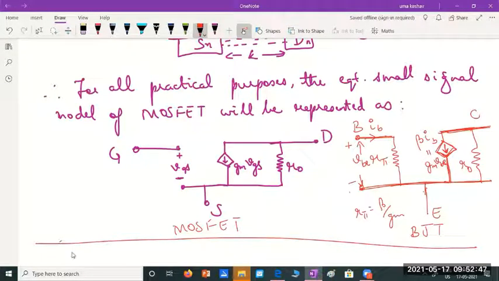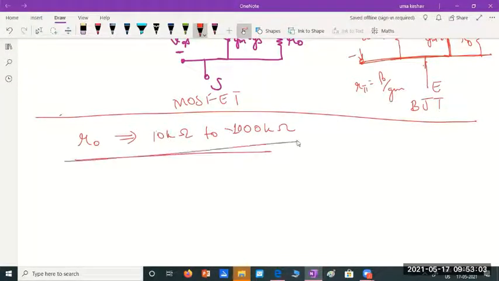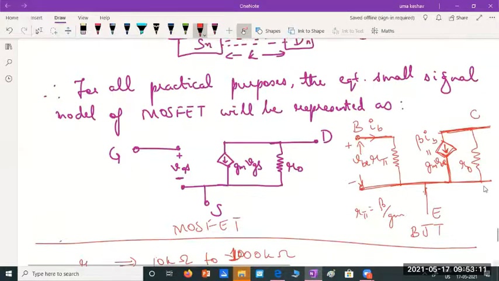Please remember, R0 ranges between 10K to, I can say, almost 1000 kilo ohms. The output impedance ranges between 10K to 1000 kilo ohms in a MOSFET circuit usually.